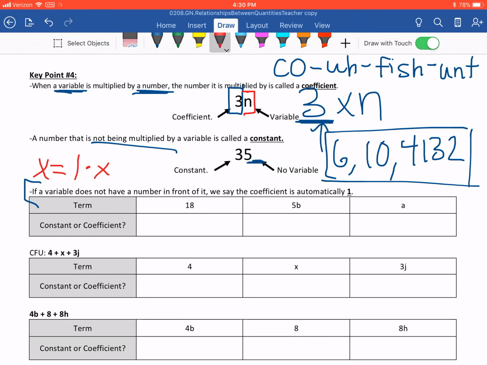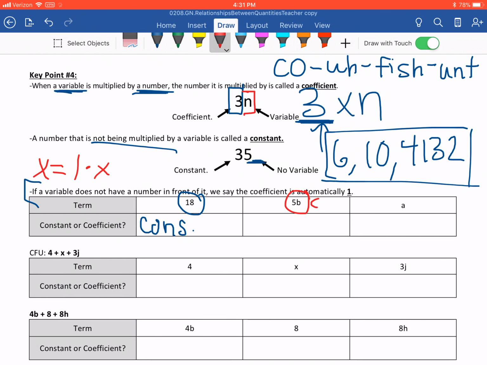So our example, 18, 5b, and a, we want to ask, is this number a constant or is it a coefficient? Whenever I look here, is there a variable? No, 18 is by itself, so that means that it is a constant. I'm going to abbreviate because it's kind of hard to fit in the box. 18 is a constant. For the next one, 5b, do I see a variable attached to this?